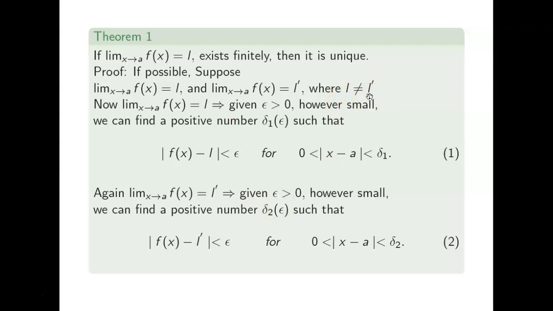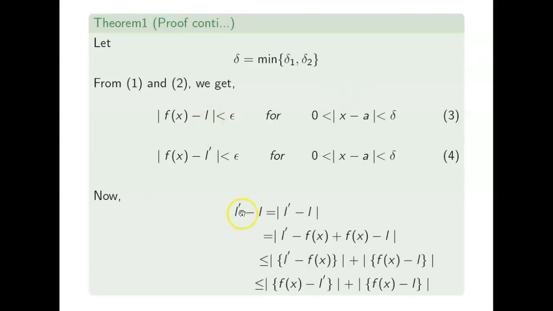When we say that these are two limit values, L and L dash, which are not equal, that means either L is greater than L dash or L dash is greater than L. In both cases, we can write L dash minus L is equal to mod of L dash minus L. And here, in the next step, what we do is subtract f(x) and add f(x).